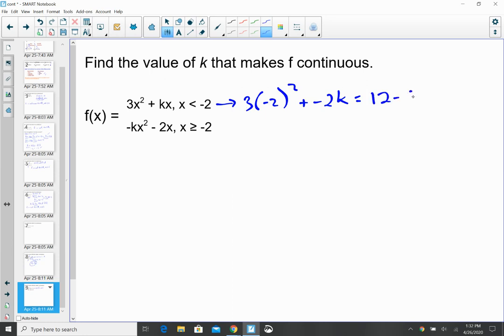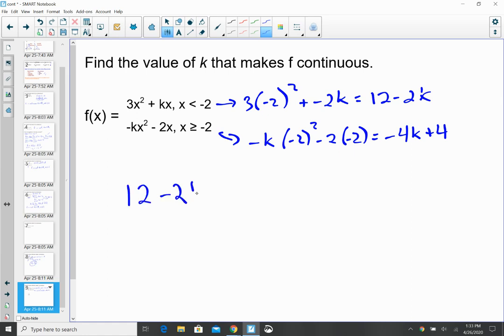So we have 12 minus 2k. This part right here, we're going to have negative k times negative 2 squared minus 2 times negative 2. And what's that going to be? That's going to be, let's see, negative 4k plus 4. Then we set the two pieces equal to each other and solve for k.